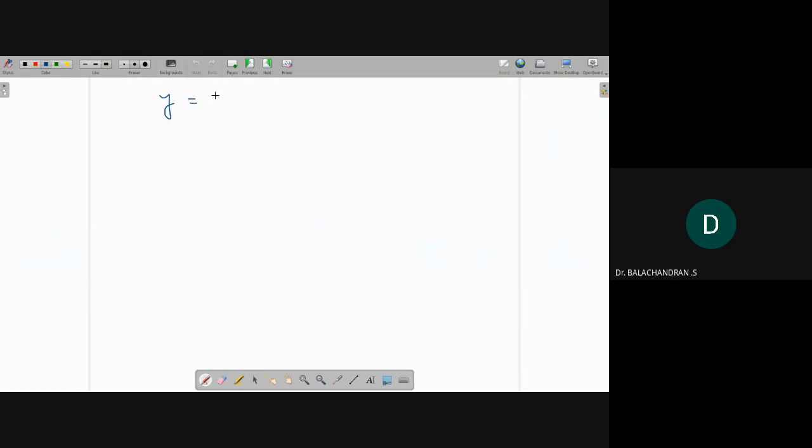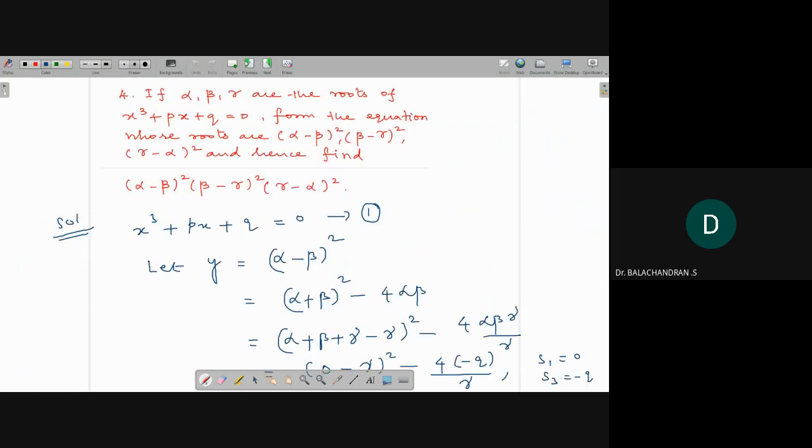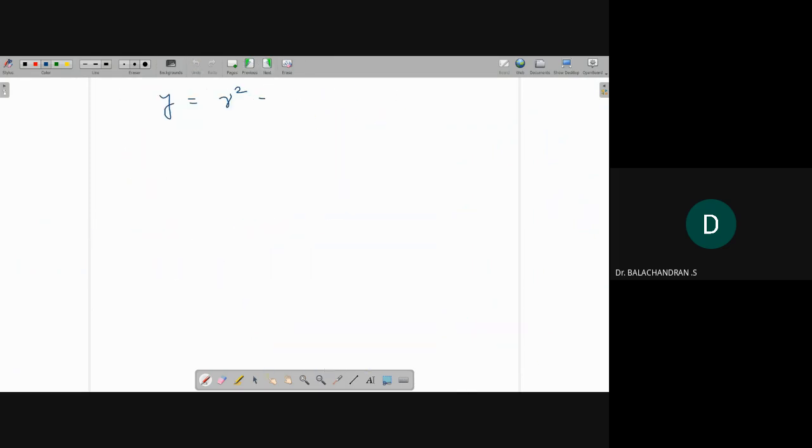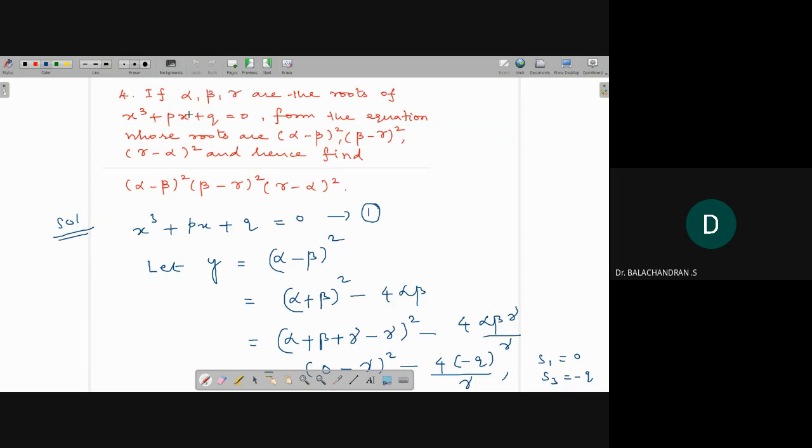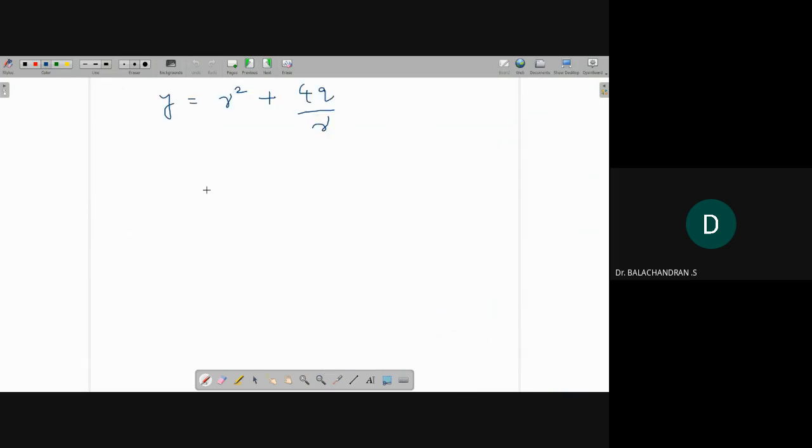So y equals gamma square plus 4q by gamma. Now we know that gamma is a root of this equation, so you can replace gamma by x. So y equals x square plus 4q divided by x, since gamma is a root of equation 1.